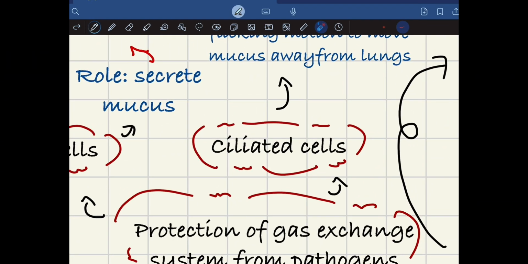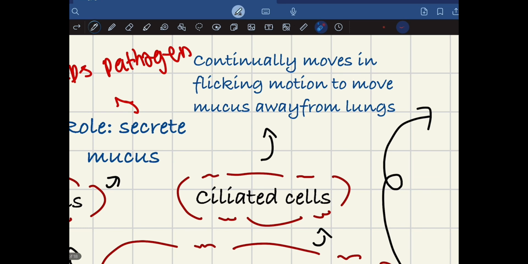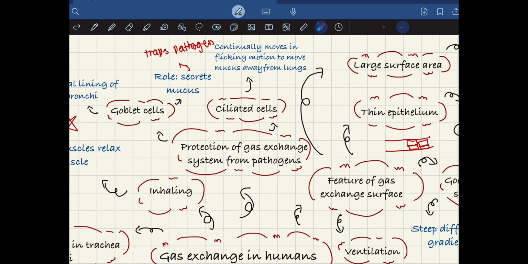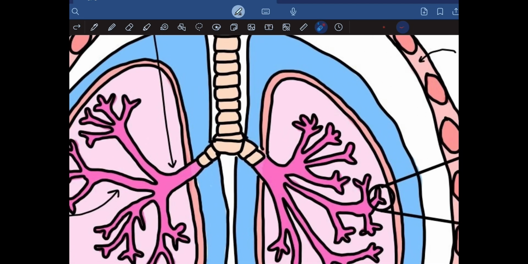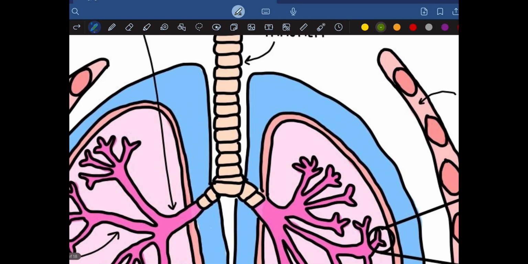Next thing is ciliated cells. Ciliated cells continually move in a flicking motion to move mucus away from the lungs. Let's say some sort of pathogen comes in, and over here your epithelial lining of your trachea is producing mucus. This green substance here is mucus, and let's say this orange part is pathogen.